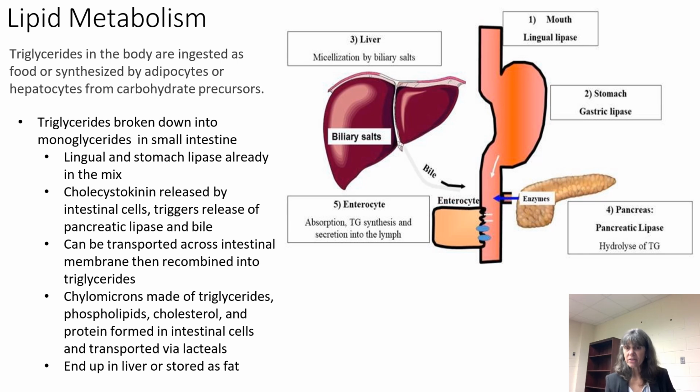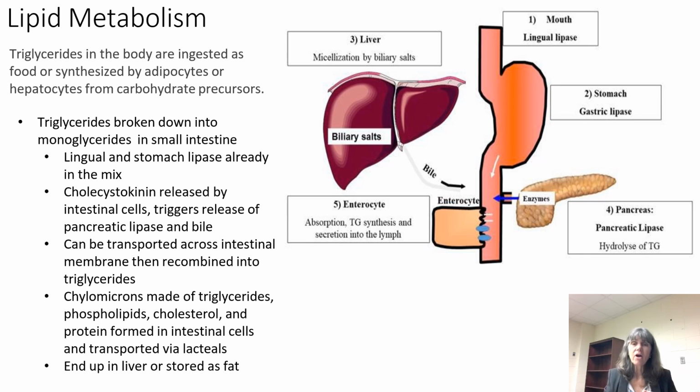Triglycerides in the body are either ingested as food, or they can actually be made by adipocytes or hepatocytes from precursor carbohydrate molecules. And we know that triglycerides can be broken down into monoglycerides in the small intestines. The process starts with a tiny little bit of lingual lipase in the mouth, with also a little bit of gastric lipase from the stomach. The liver contributes to this process by secreting biliary salts, as does the gallbladder.